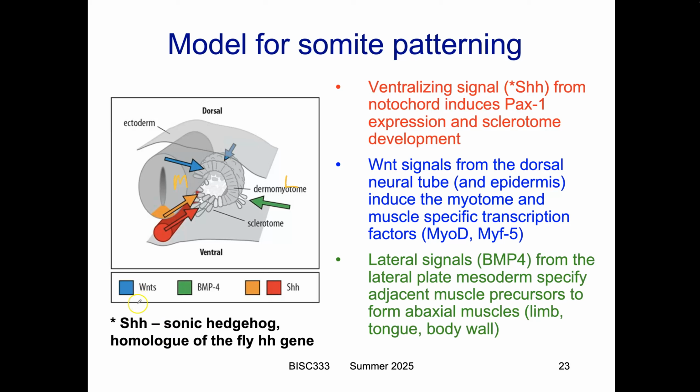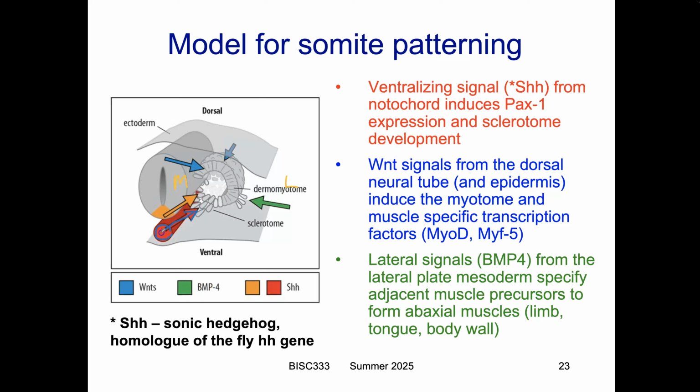And so these are the main signals. So from the notochord comes sonic hedgehog. So it's like hedgehog from flies, but it's called sonic hedgehog after a video game character.